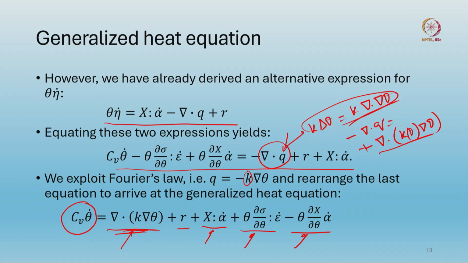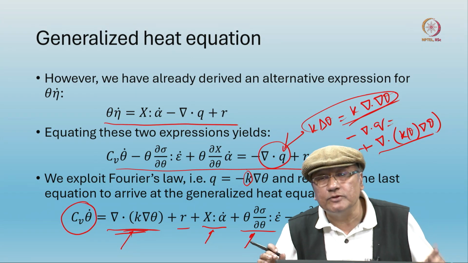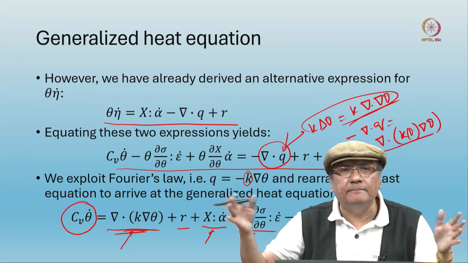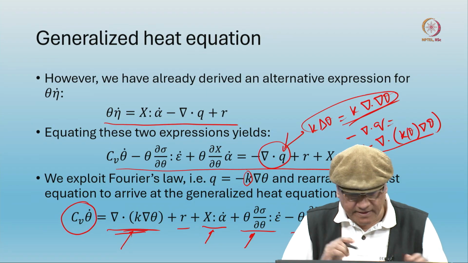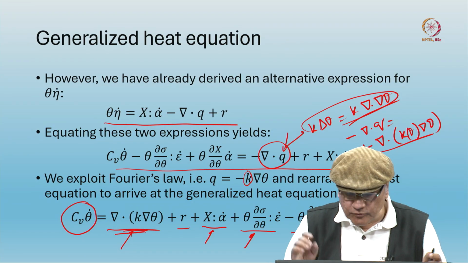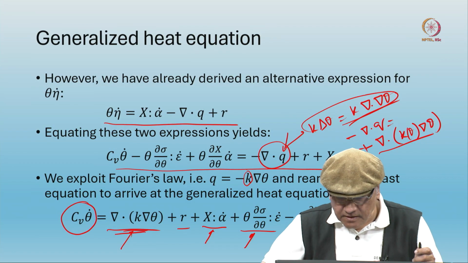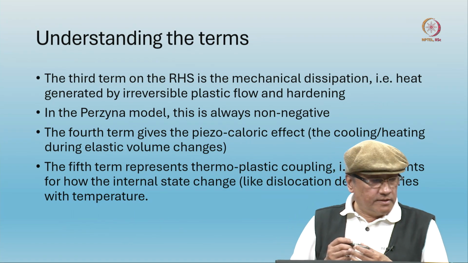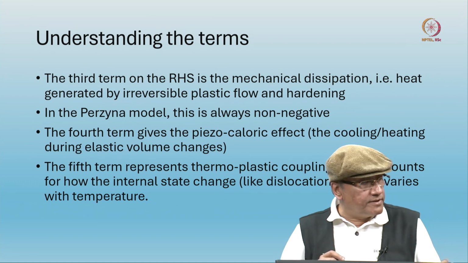Whatever initial temperature profile you give, it will try to flatten it over time and make it the same as the ambient temperature in infinite time. That is the effect of the diffusion term, that we know already, but the other three terms are the most interesting. So, let us talk of the third term on the right hand side.